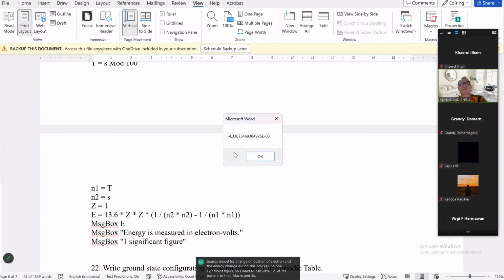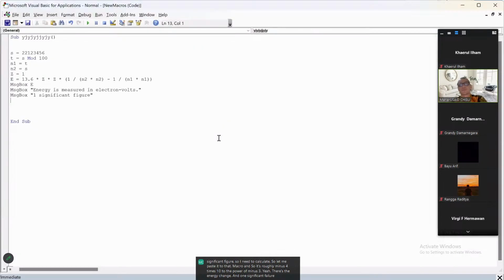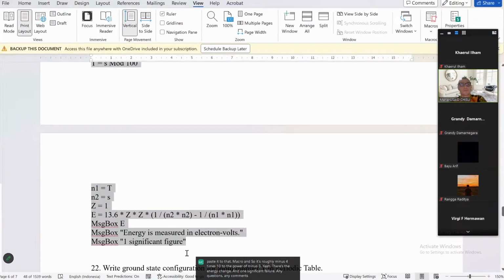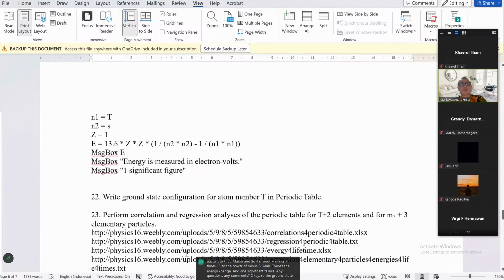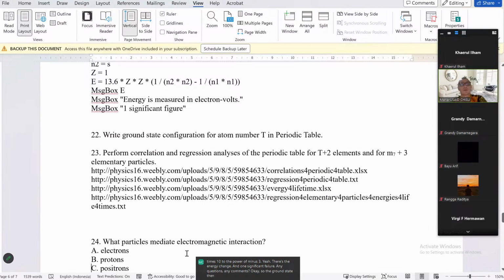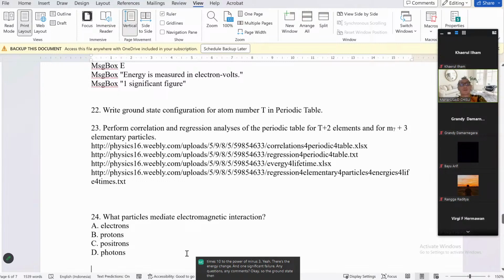So it's roughly minus 4 times 10 to the power of minus 3 electron volts, that's the energy change. And one significant figure, yeah? Any questions, any comments? Okay. So the ground state, then we have done this.